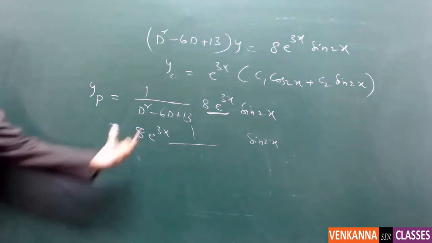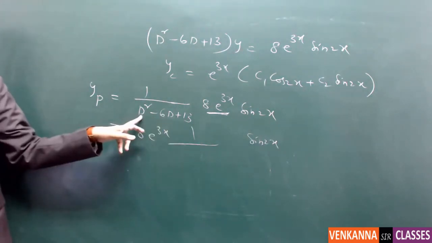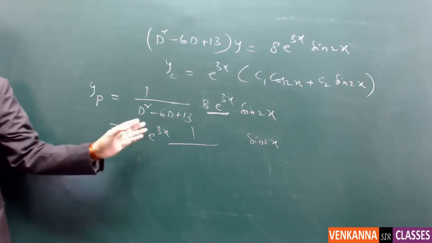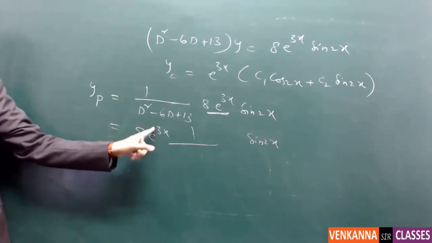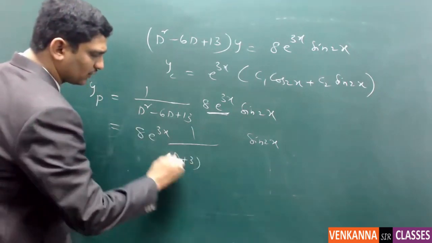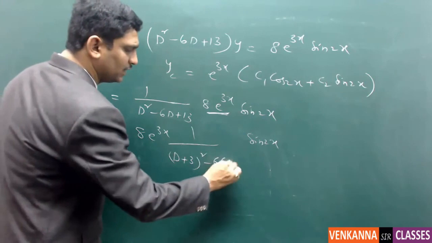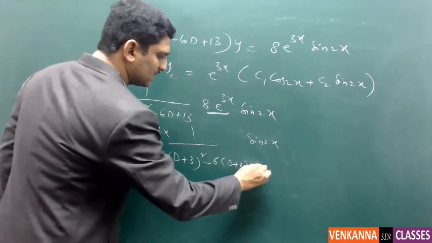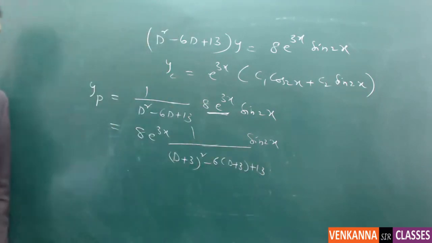So in the denominator, the differential d is replaced with d plus the power. So d plus 3 whole square minus 6 into d plus 3 plus 13. Are you getting the ideology of what I have done?